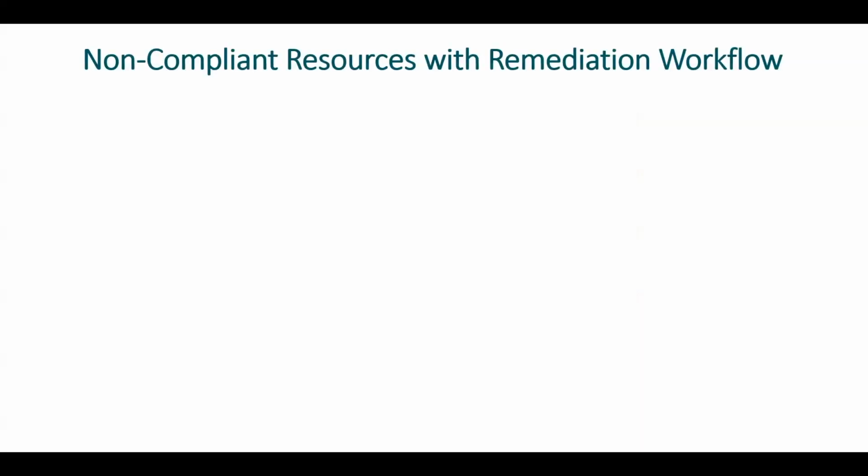Now, let's talk about the entire remediation workflow of non-compliant resources which have been identified by AWS Config. Remediation of non-compliant resources is important because it helps to ensure that a system or an organization is functioning in accordance with the established standards or regulations. Let's take a basic example to understand this. Say a company has a cloud-based infrastructure on AWS that includes multiple Amazon RDS database instances which are used to store sensitive data.